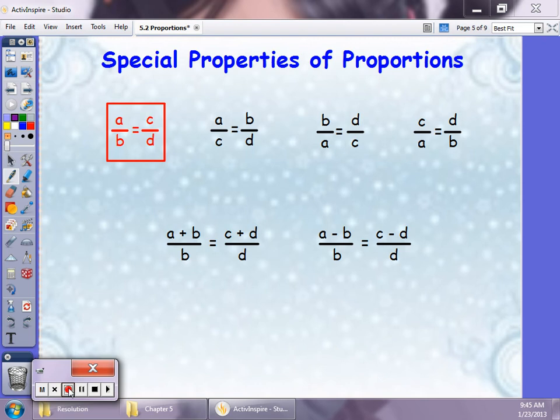And two other special properties. We can also take a plus b over b and set that equal to c plus d over d, or we can say a minus b over b is equal to c minus d over d. Now these are just a couple of the special properties of proportions. What I would like you to do now is to stop the video and see if you can come up with a couple more.